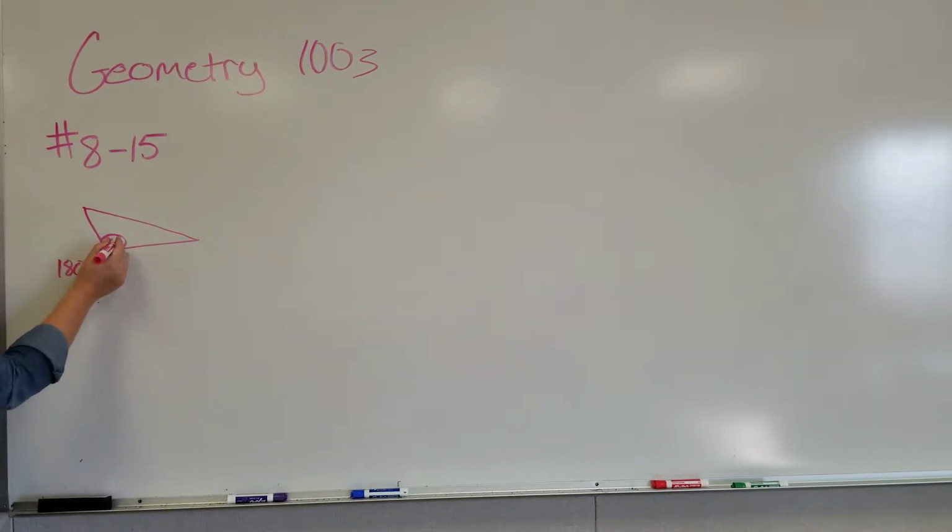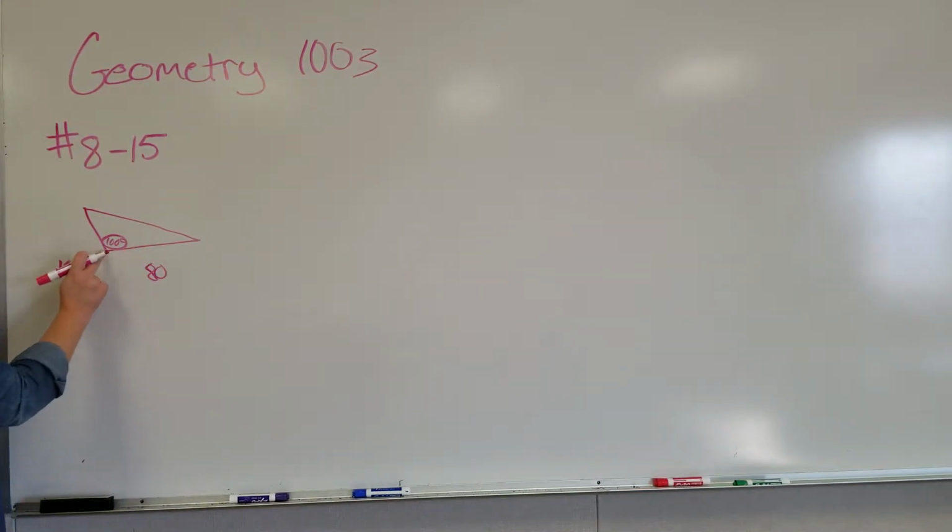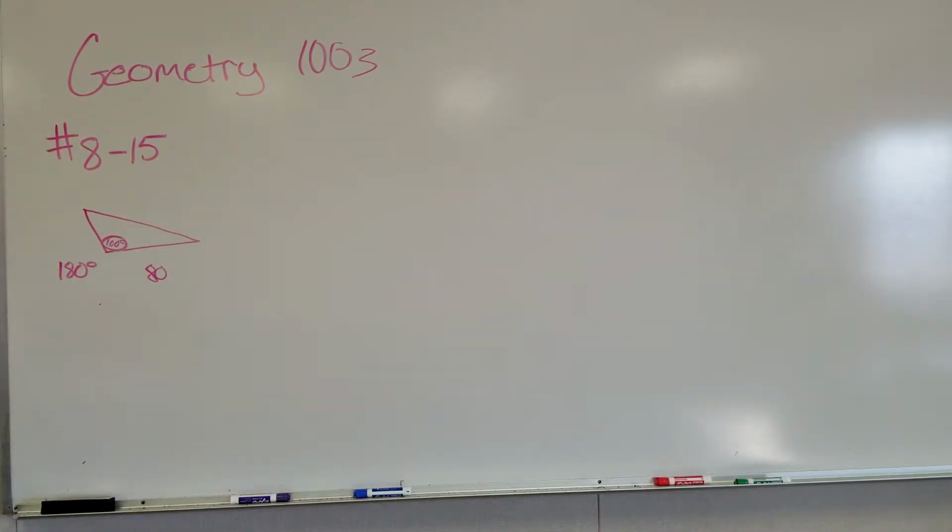This one has 100 degrees taken up. It's obtuse, more than 90, that means we only have 80 degrees left. Anytime you go over 90 in one of your angles, the other two have to add to less than 90 degrees.